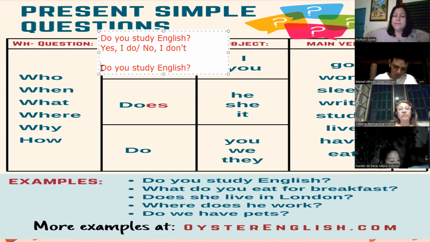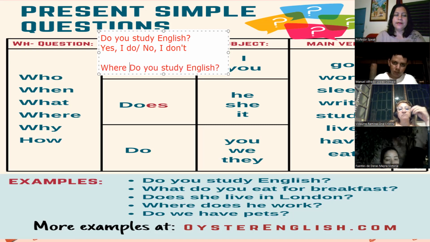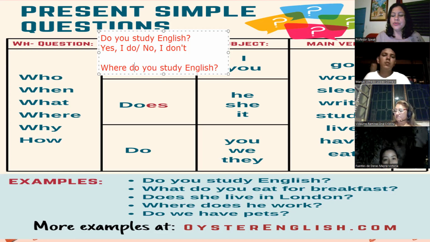Maybe I can ask where, okay? And I will say where, look, miren cómo va cambiando de yes or no a WH. Solo pongo antes where. Where do you study English?